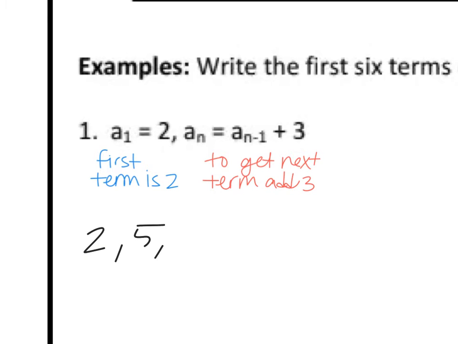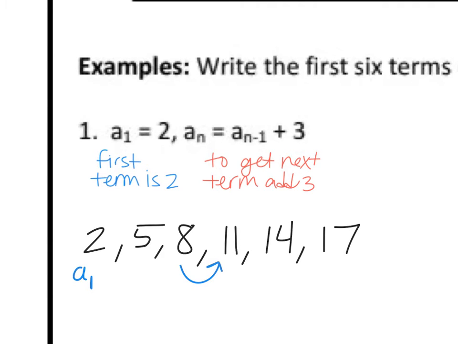And then add 3. 8, 11, 14, 17. So the first term, A1, is here. The common difference is 3. The equation tells you that. You can write the sequence from a recursive rule because it explains it out to you.